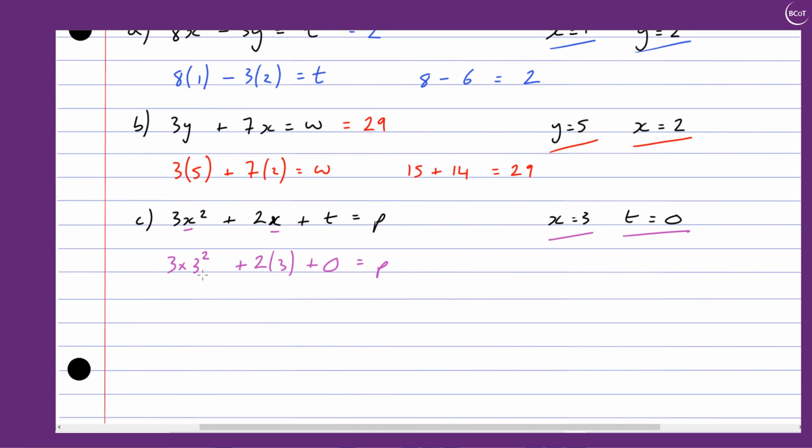So 3 times 3 squared, when we do a bit of work on the order of operations, you have to work out anything that's squared first, like BIDMAS or BODMAS. Have a look at that first, but you have to do squareds first.